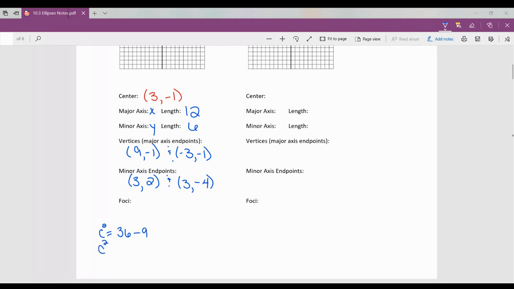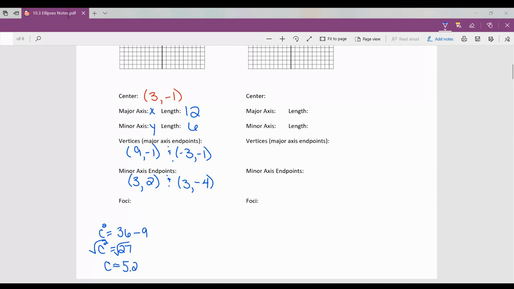So c squared equals 27. And then I take the square root. So c is going to equal approximately, and we'll just approximate it to 1 decimal place. You could do it as 3 radical 3, but I'm going to do it as a decimal so it makes life a little bit easier for us to visualize where it's going to be.